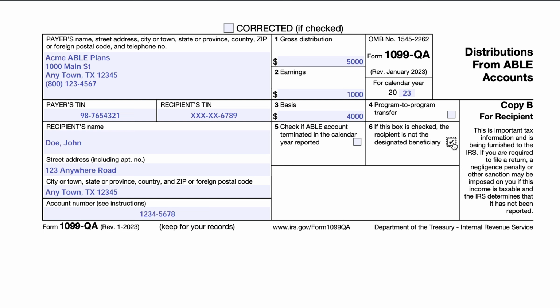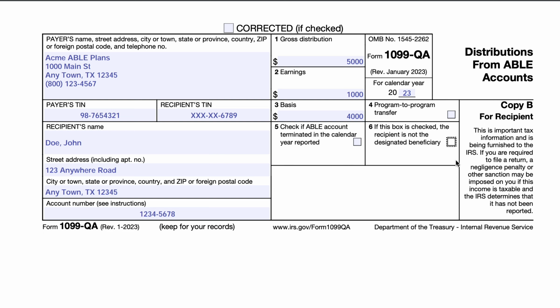If box 6 is checked, then this means that the recipient, the person who received the funds or the distribution, is not the same person as the designated beneficiary. The designated beneficiary is the individual named in the document that created the ABLE account, that's able to receive these funds.